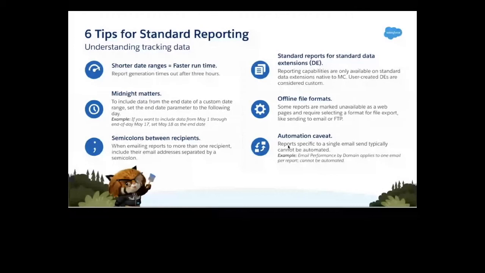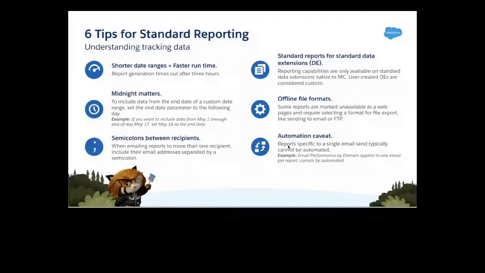But there are some tips which I would like to give for understanding your tracking data. Let's go step by step. Shorter date ranges give faster runs. So if you give shorter date ranges, like the last 2 weeks or 30 days, then the report generation time will be immediate. The maximum time that every report can take is because you have plenty of subscribers with plenty of engagement data. In these cases, I'm pretty sure that it will take a lot of time to run and then send you an email.